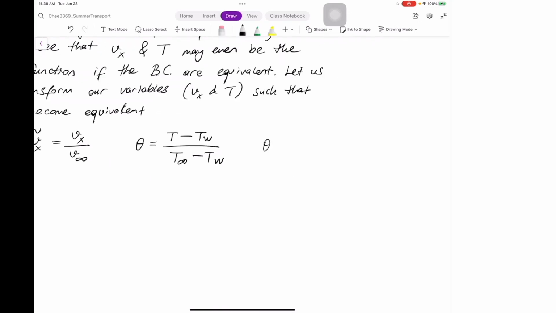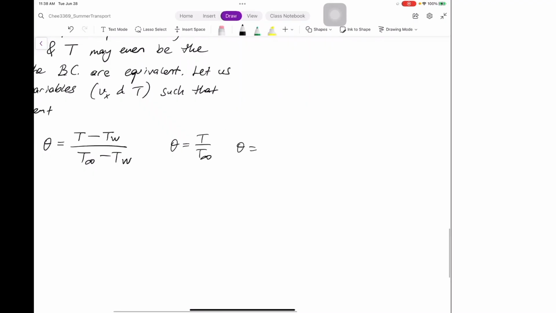I could have chosen this differently, since there are different ways to do it. I can also do T over T infinity, which is also non-dimensional. I can also do T minus T infinity divided by T wall minus T infinity, so the other way around, the other version of this.